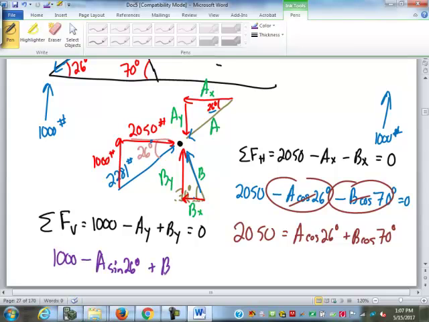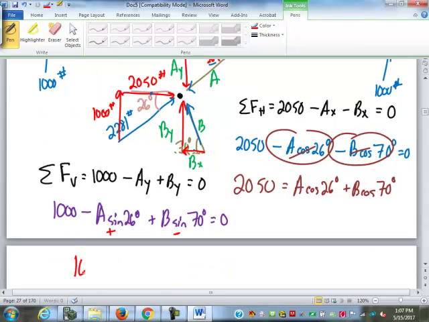BY is B times the sine of 70 degrees. That equals 0. So now I'm going to add this one and subtract this one to move them to the other side. So I have 1,000 equals A sine 26 degrees minus B sine of 70 degrees.